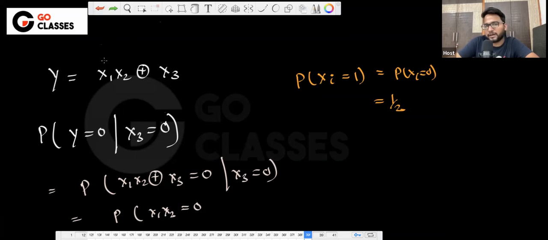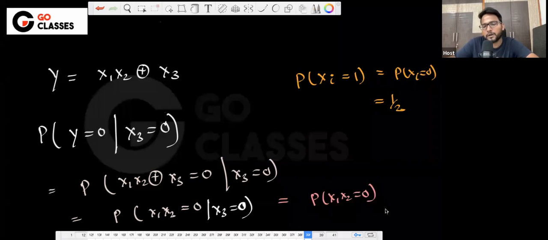By coincidence it may happen, but you can't directly write it like this. Now you know that x1, x2, x3 are independent, so any function of x1, x2 is independent of x3 also. So now you can write it like this, that's okay. But you cannot directly say, okay, I have used this x3, now let me remove this x3. No, you can't do this.